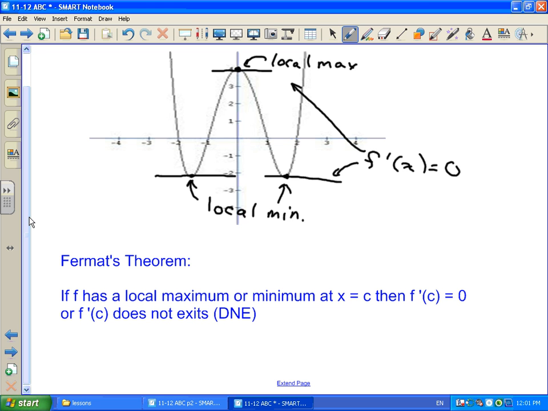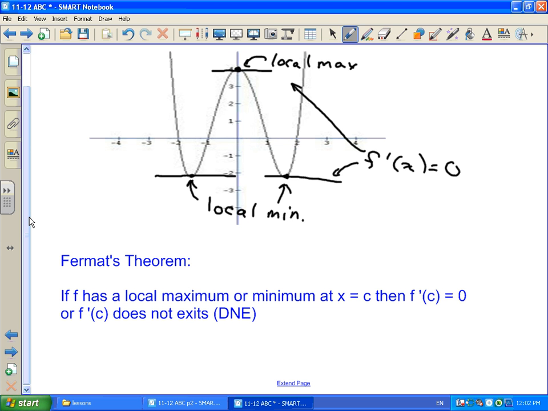So what happens if we have an asymptote? It doesn't tell you that everywhere the derivative is 0, there's a maximum or minimum. If the derivative does not exist at that point, there could be a maximum or minimum there. It doesn't say that there necessarily is one. So everywhere that there is a turning point, the derivative will be 0.